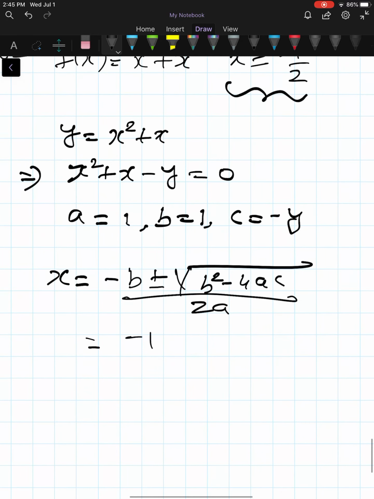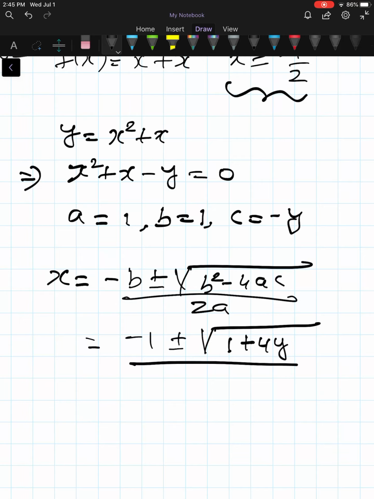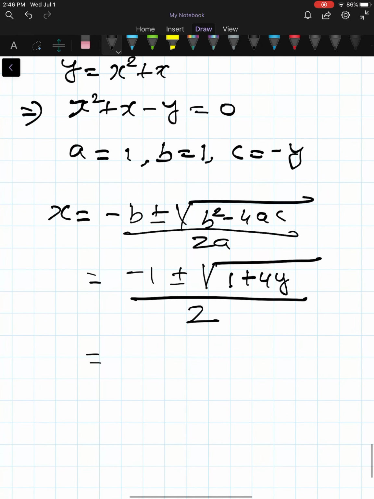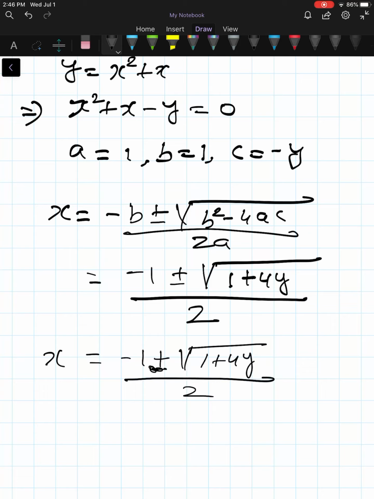So this would be negative 1 plus or minus square root of 1 plus 4y, divided by 2. So x has two values: negative 1 plus square root of 1 plus 4y divided by 2, and x is equal to negative 1 minus square root of 1 plus 4y divided by 2.